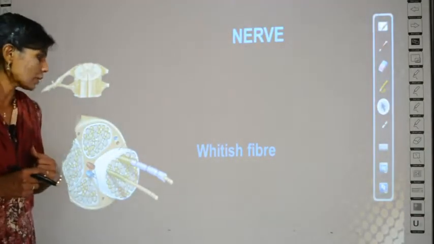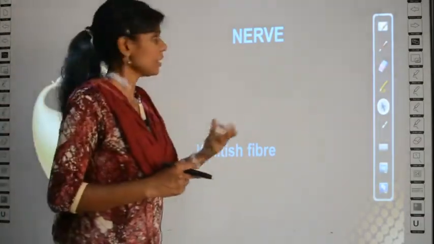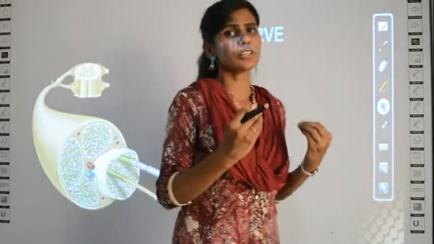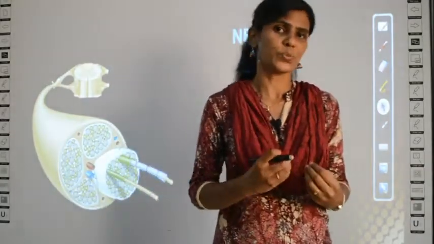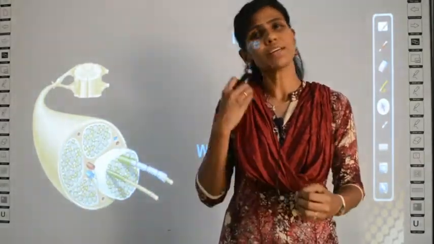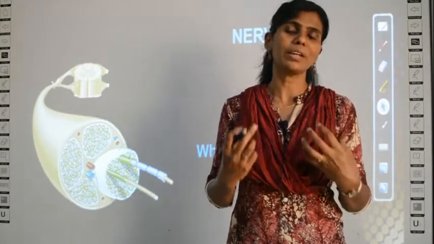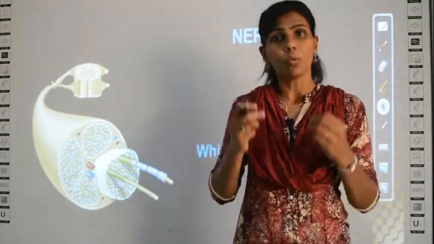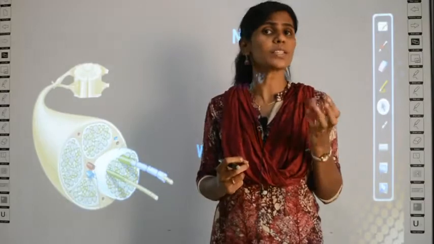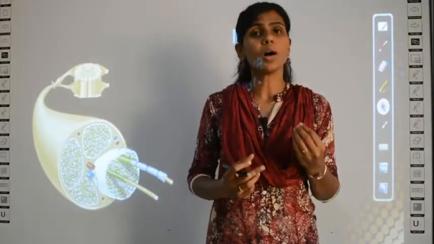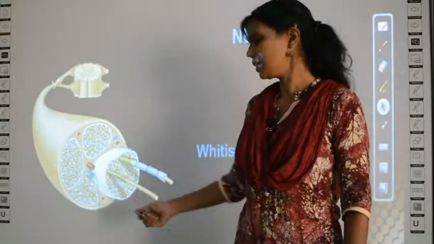In the final part of the class today, you are going to learn about the structure of a nerve. This word nerve you must have heard right from your childhood, right? You have many nerves in your body. You know the structure of a neuron, but what does a nerve contain? A nerve is this structure. Can you see a structure here?